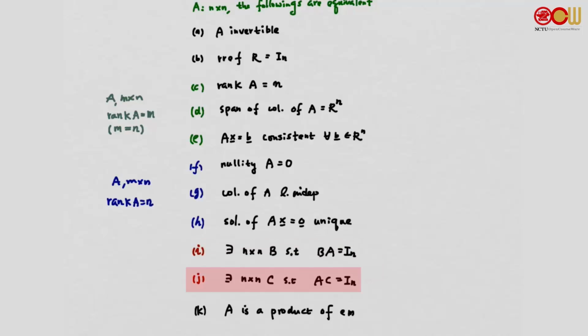And similarly, if we can find an m by m matrix C such that AC is the identity matrix, then it is already enough for A to be invertible, because this is going to be an equivalent statement for invertibility of A as well.